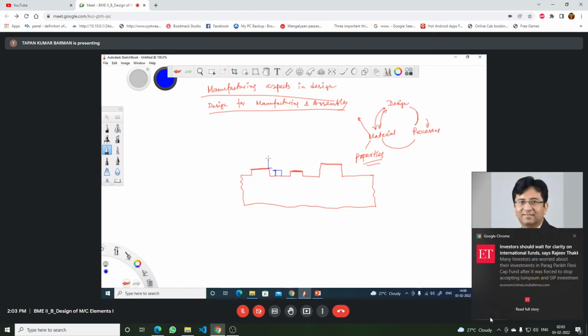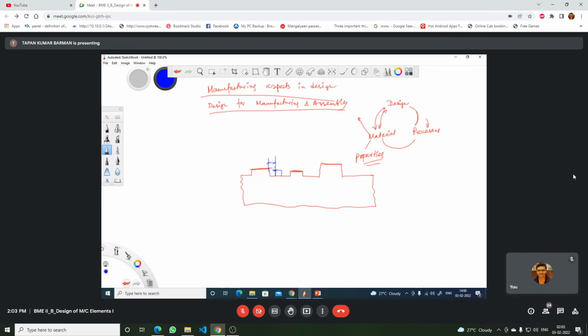So there should be a sufficient gap here to accommodate the tool, so that you can do the machining operation properly. That is the point we have tried to mention here.